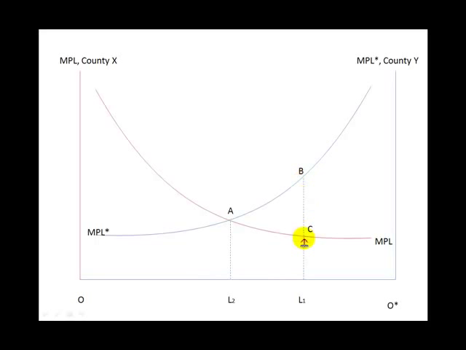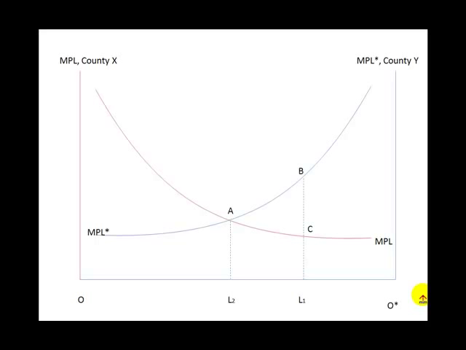Well, that's increased. They've had more workers applying to the land. So these workers have gone from here to here, meaning it's increased by A, B, L1, L2. Notice then that the amount that this has increased, 1, 2, 3 there, is larger than the amount that this has decreased. Here, here, here. Meaning the total output of these economies has increased by A, B, C.